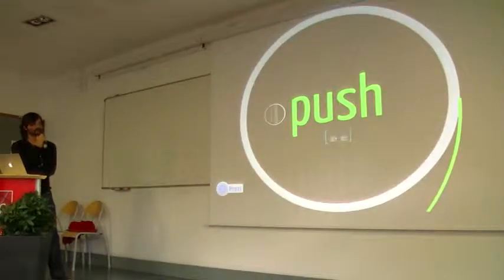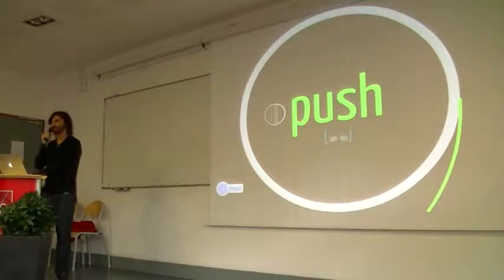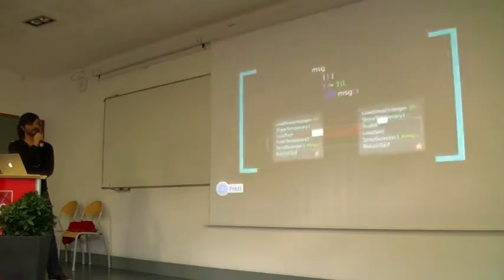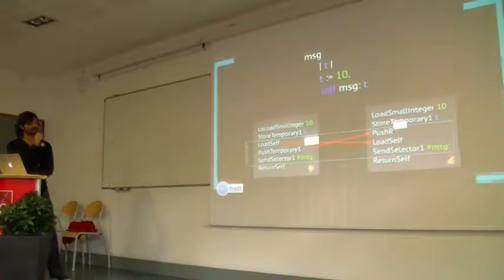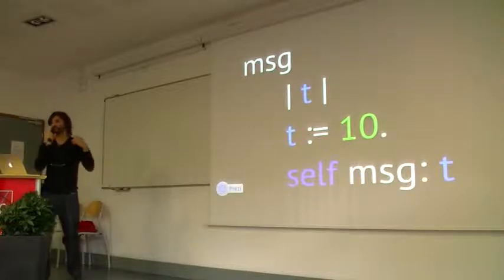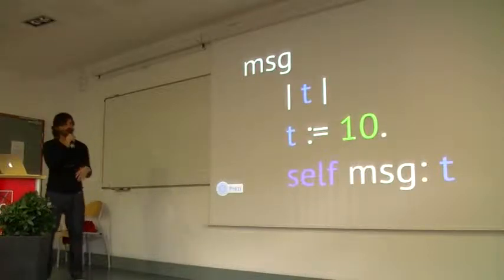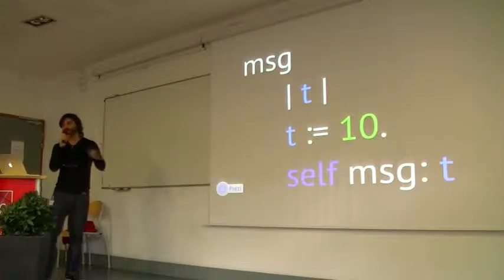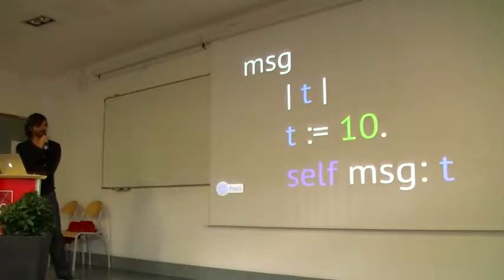Well, another kind of optimization is related to push bytecodes. Push bytecodes are used, as I said before, for pushing the arguments of a message on the stack. Suppose now that t is used as an argument of a message.